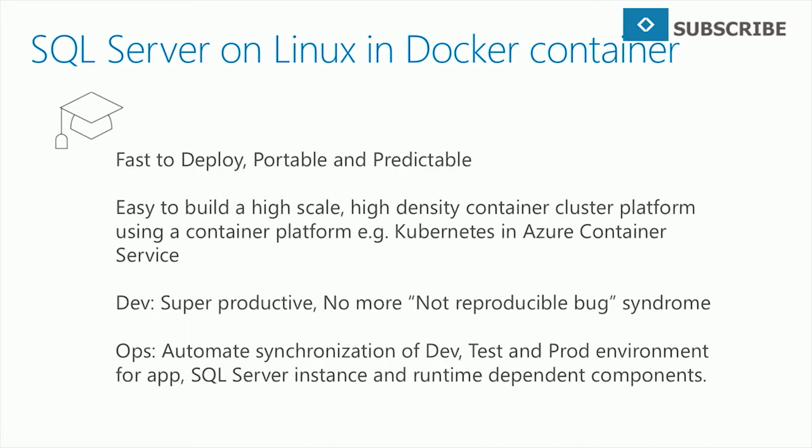And there's no more saying not reproducible bug case anymore. For operations perspective, it is very easy to have a control over the environment because the Docker container is based on an image which is immutable. From an ops perspective, they can configure and build Docker images for dev, test, production in an identical way.